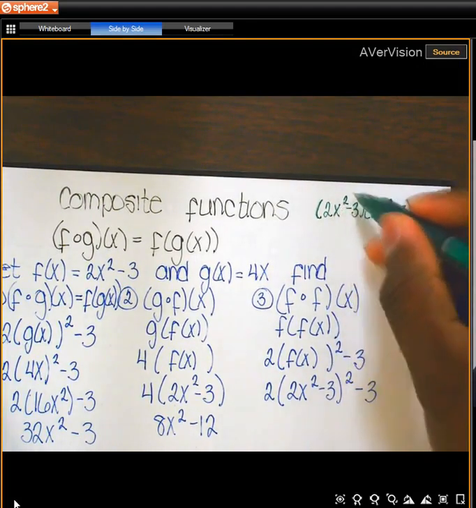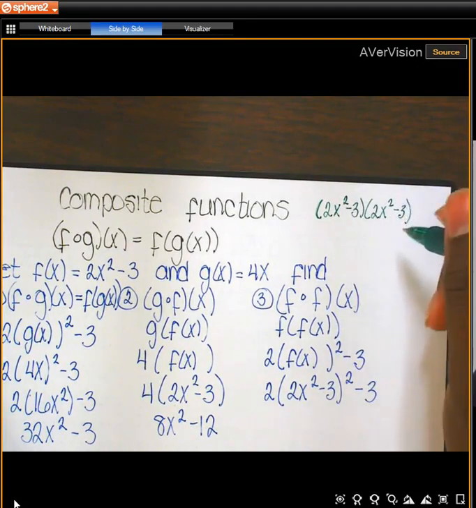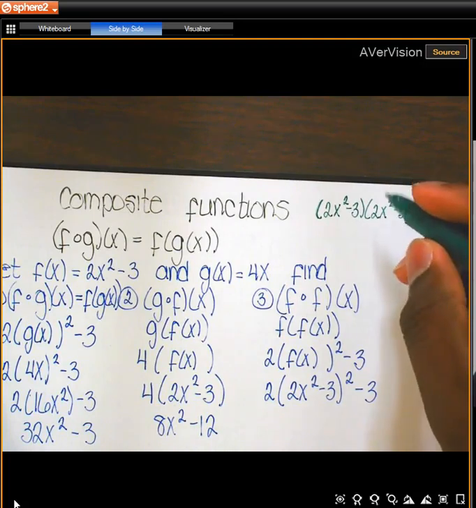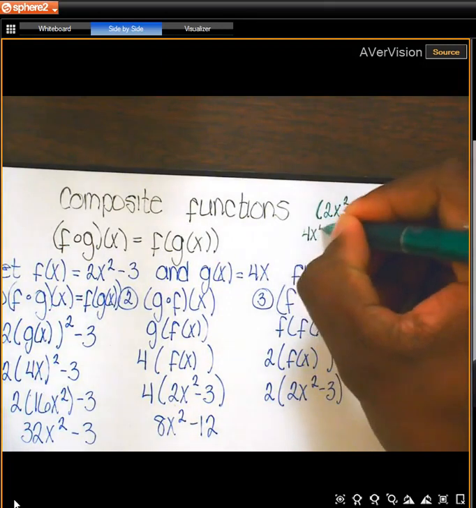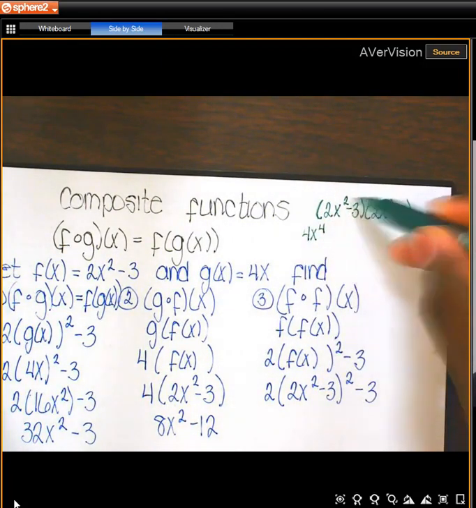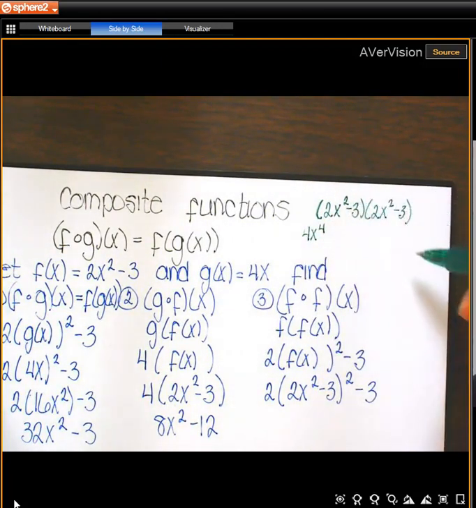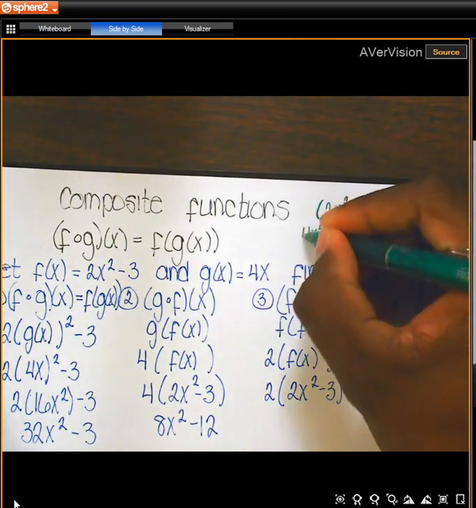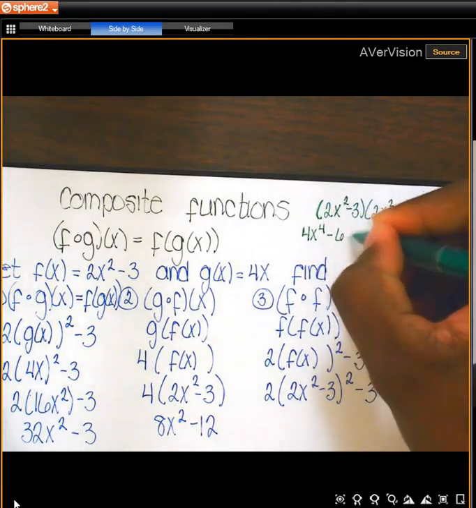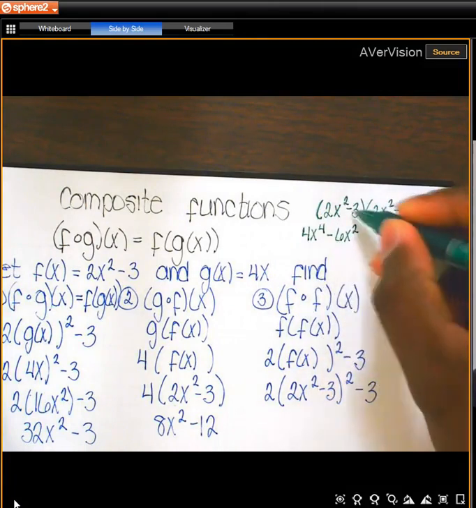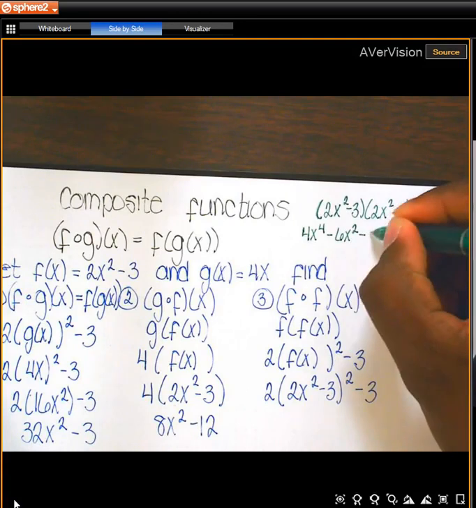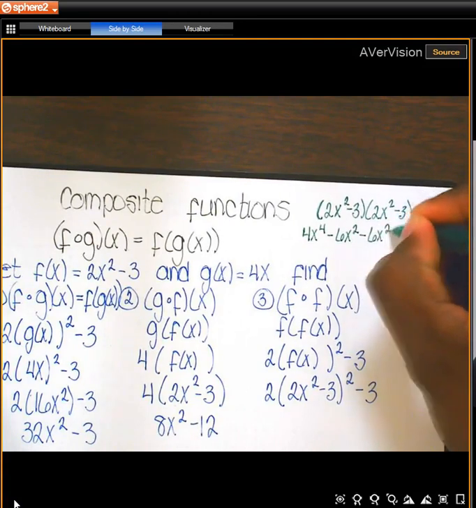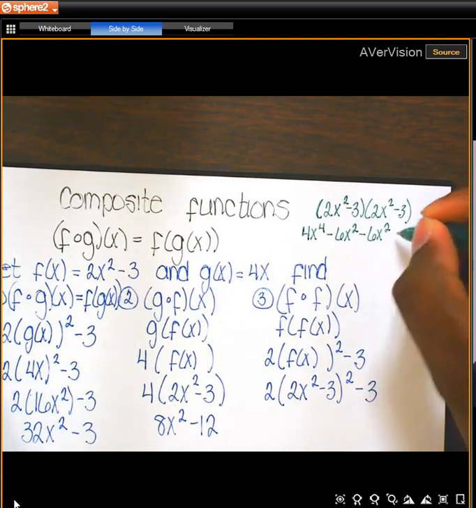So what is 2x squared times 2x squared? And then we have 2x squared times negative 3. Negative 3 times 2x squared. And negative 3 times negative 3.